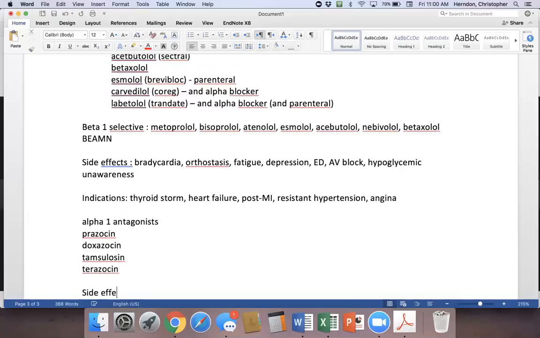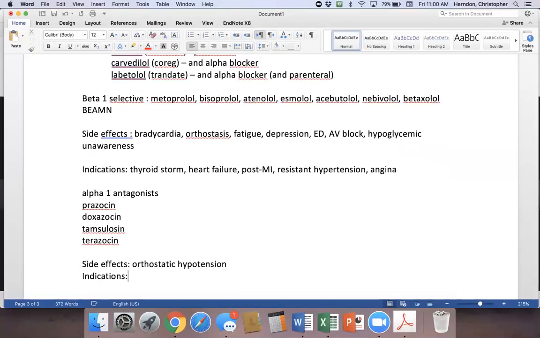Side effects: orthostatic hypotension. Those are the big ones. Do you agree? Okay. Indications. Resistant BP, BPH, and I'm getting ready to dump some crazy stuff on you here. PTSD? Yes. You guys heard that before?